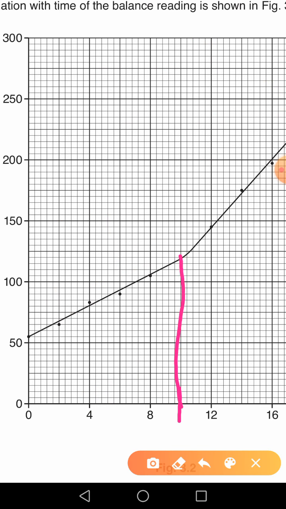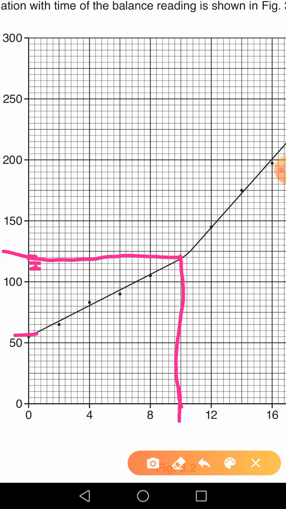So in this, what is the mass balance reading shown? It is 105, 110, 115 and 120. So this is 120, and this is 55.